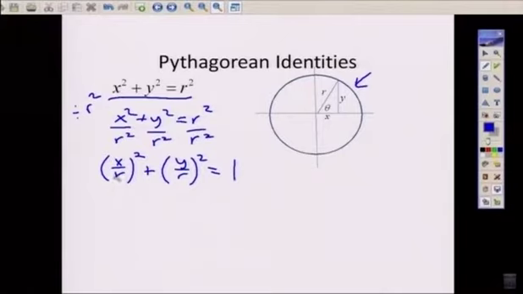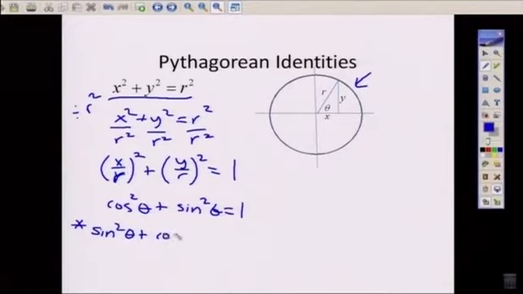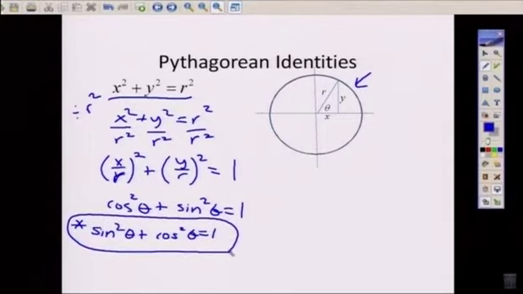And if you remember, x over r, that's cosine, and y over r, that's sine. So we have cosine squared plus sine squared equals 1. Usually the Pythagorean identity is written the other way around: sine squared theta plus cosine squared theta equals 1. That is one of the most important Pythagorean identities that we're going to be using throughout this course.